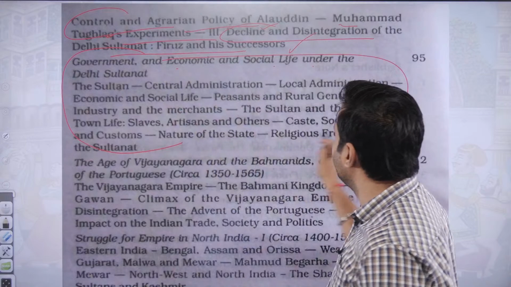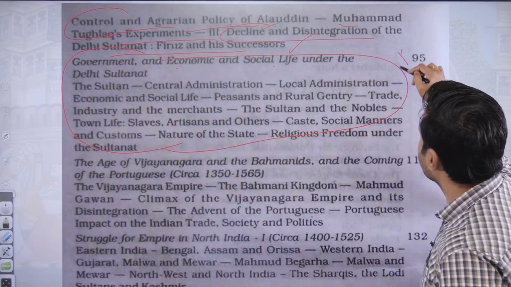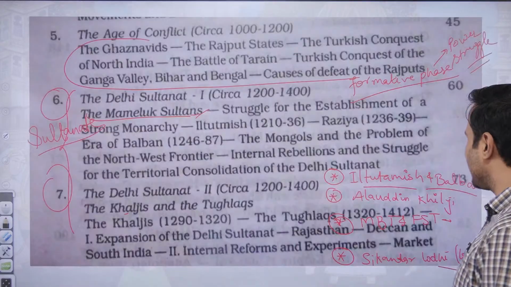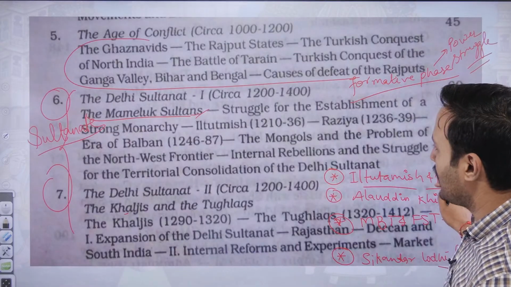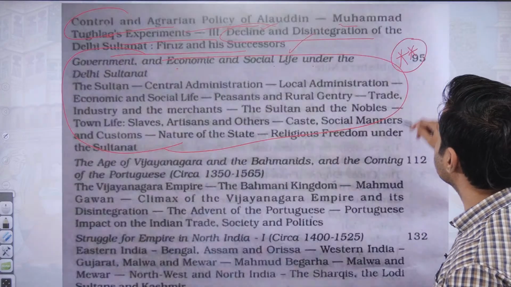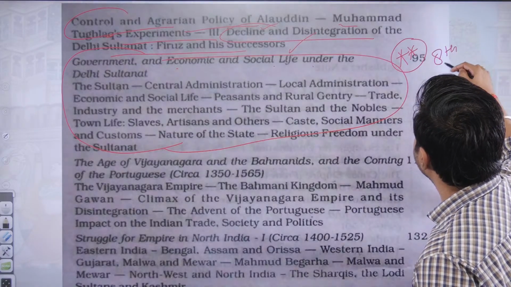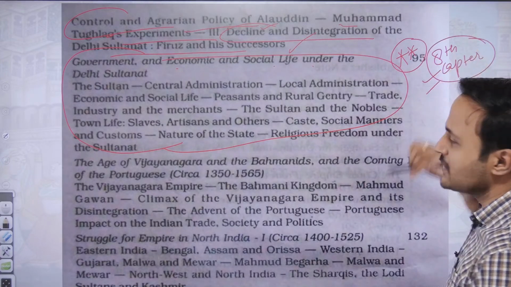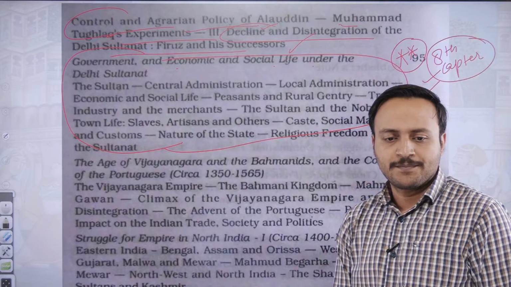This chapter is very, very important. Which is that chapter? I think it is chapter number 8. Okay, chapter number 8, which is really important to understand.